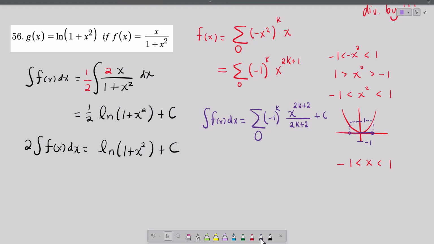Okay, so what is the value of g at 0? Same thing. If you plug in a 0 right there, you get natural log of 1, which is 0. So we know that if we plug in 0 right there, we get 0.